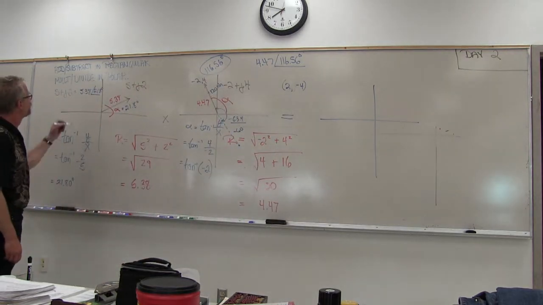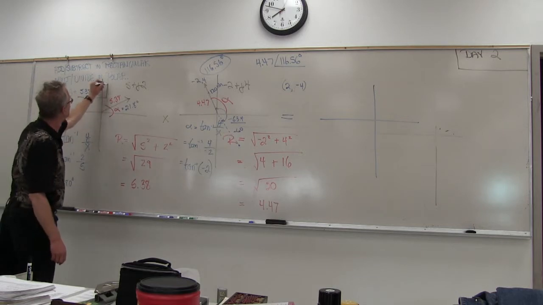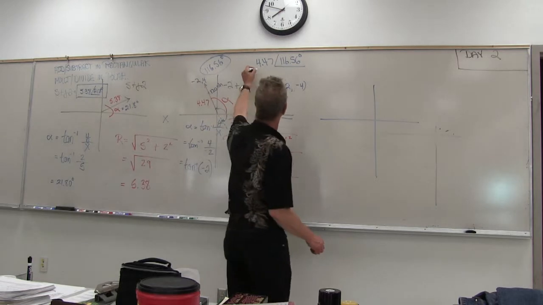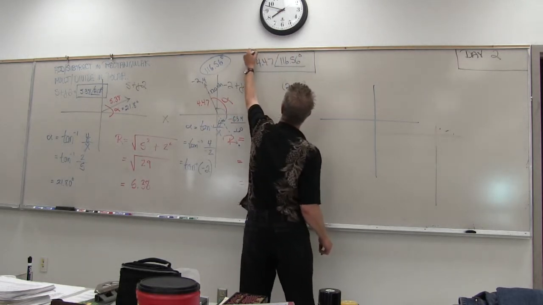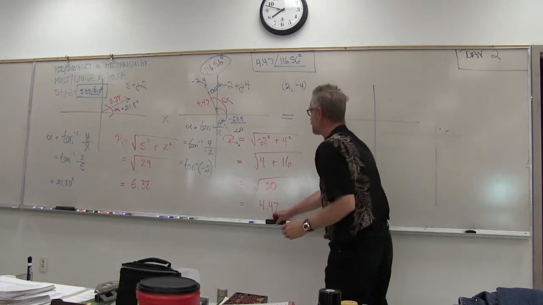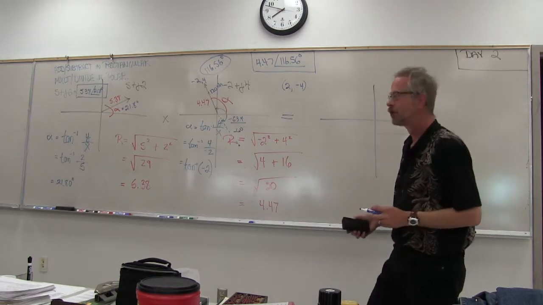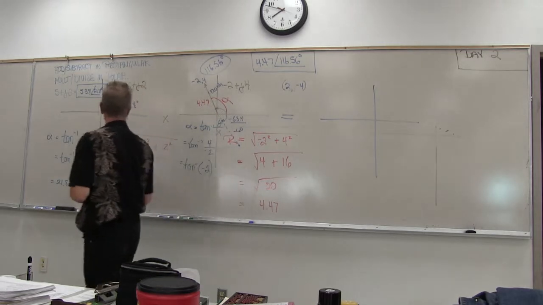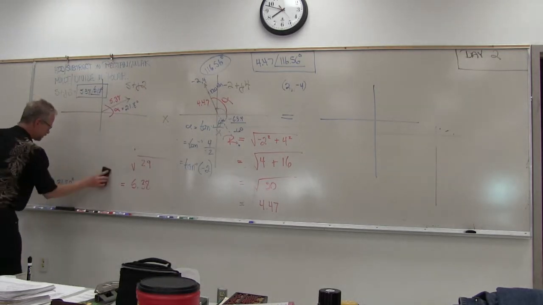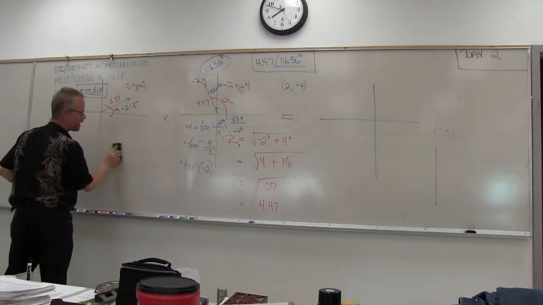So here we have 5.38 at an angle of 21.8 degrees, and here we have 4.47 at an angle of 116.56 degrees. Okay? And I need a little bit of space, so I'm going to get rid of this over here, since we already have our answer.